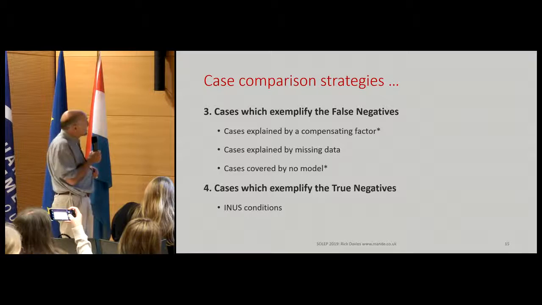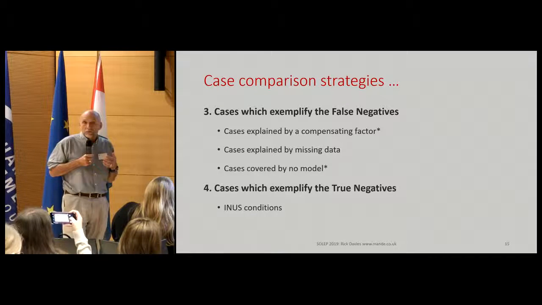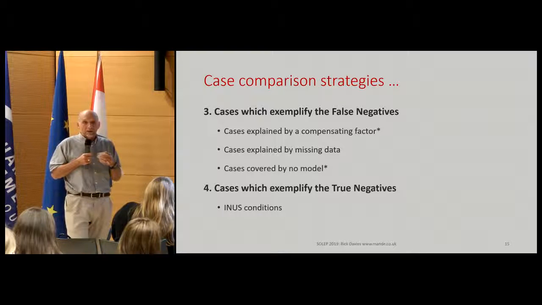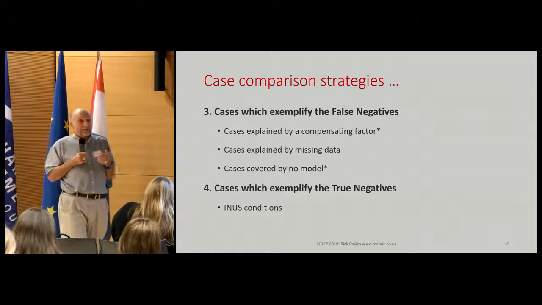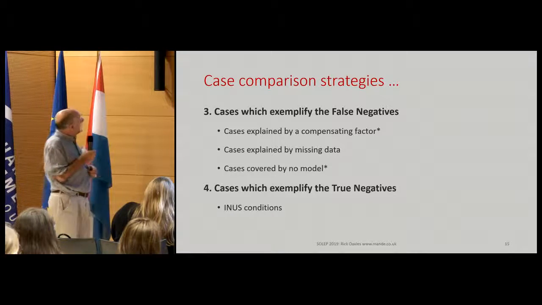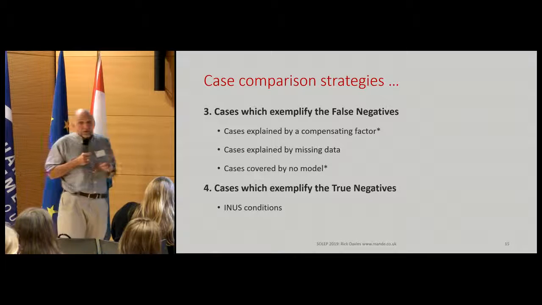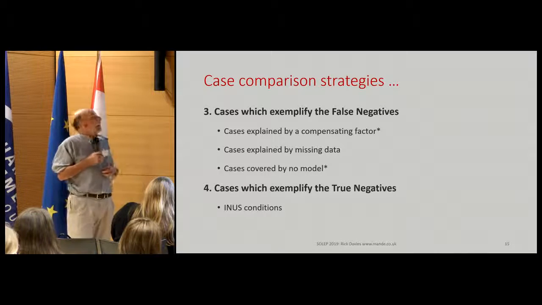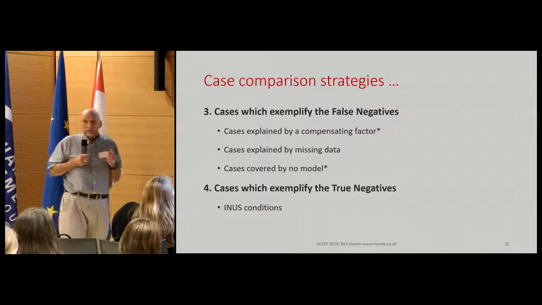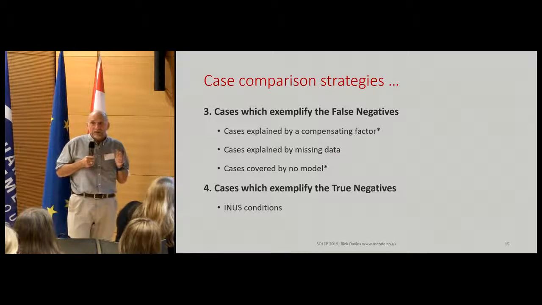Or there might be cases which actually have all the attributes of the model, but our data set says that bit of data is missing. So it's got 3 out of the 4 attributes of the model, and the other one is missing simply because the data is missing, and missing data is often an issue. And there might also be some cases which are simply not covered by any model that would be worth looking at.